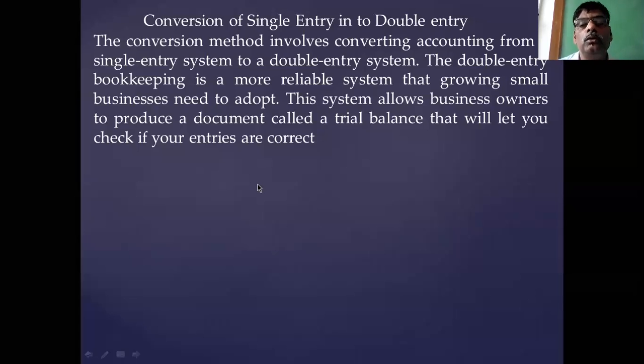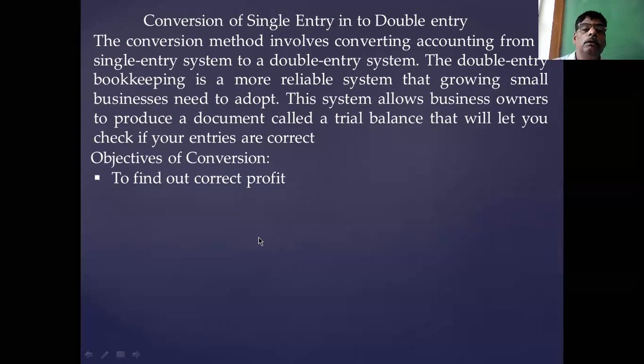Okay, so the main objectives of conversion are: the first is to find out the correct profit. The first objective of conversion of single entry to double entry system is to find out the correct profit of the business concern. I know you calculated the profit in the single entry system of bookkeeping also.